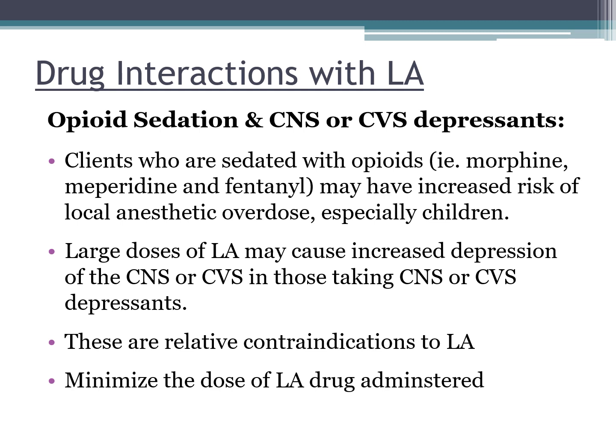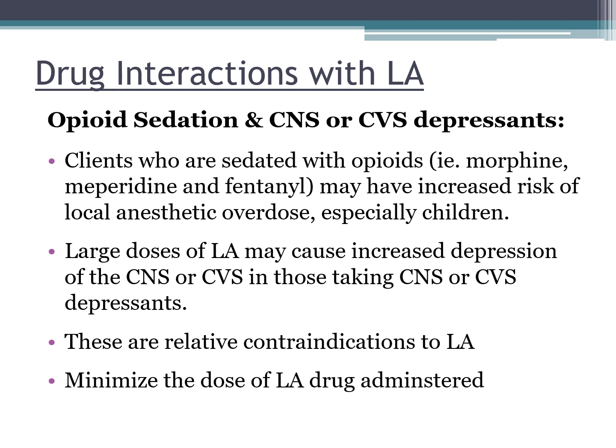Drug interactions with local anesthetics. Opioid sedation and central nervous system or central CVS depressants. So if clients are sedated with opioids, morphine, meperidine, fentanyl, it may have an increased risk of local anesthetic overdose, especially in children.